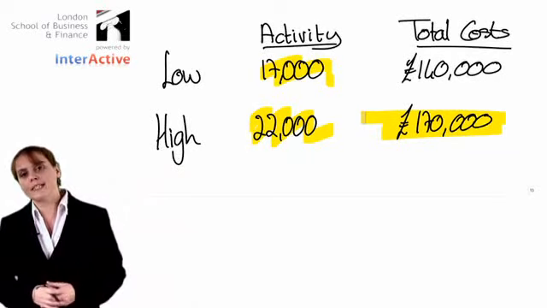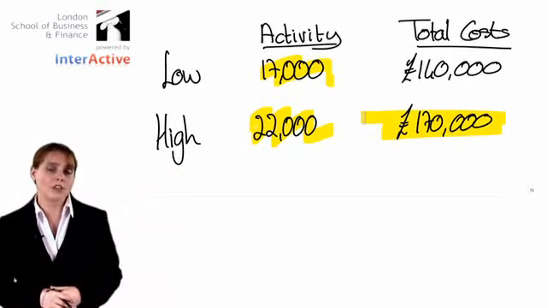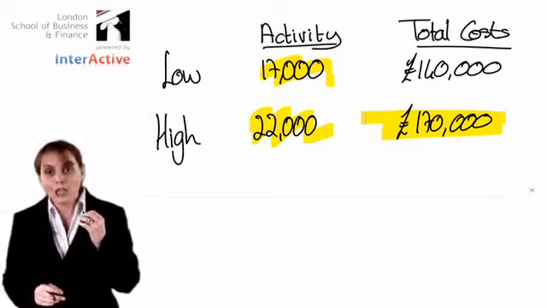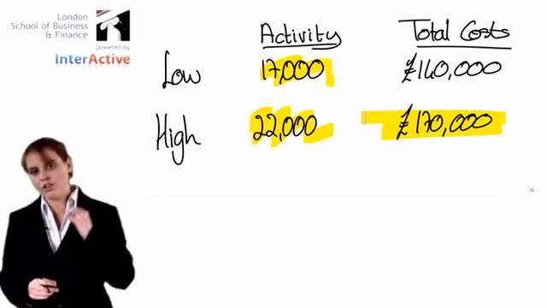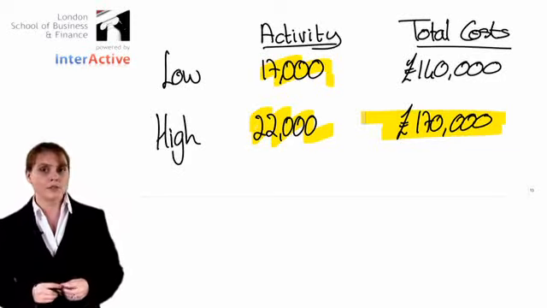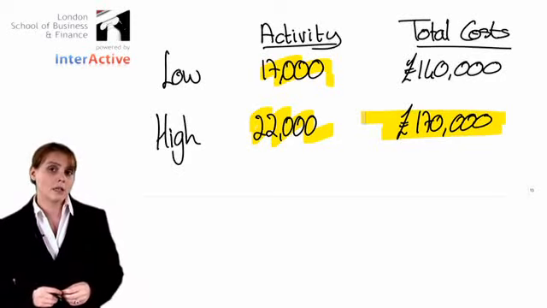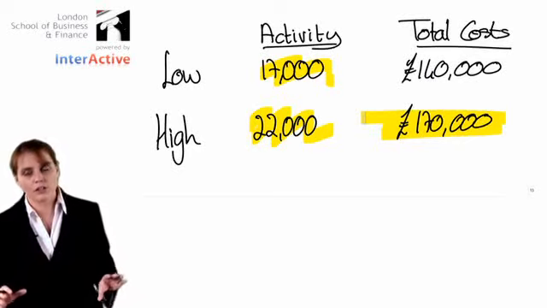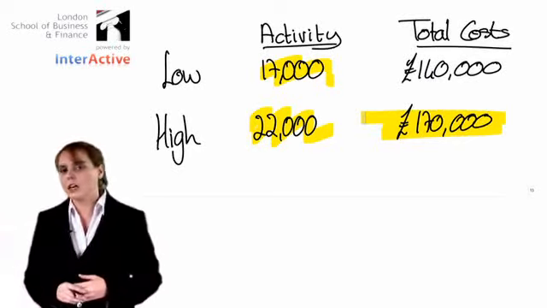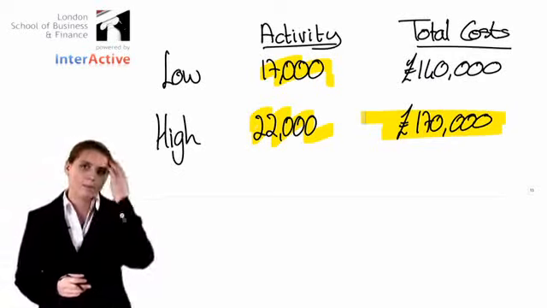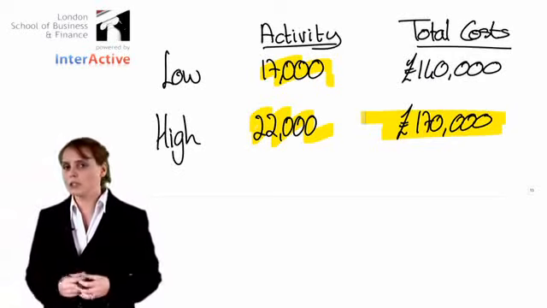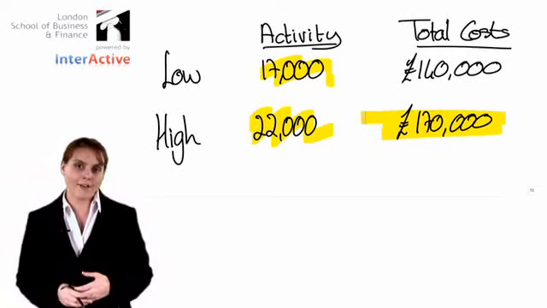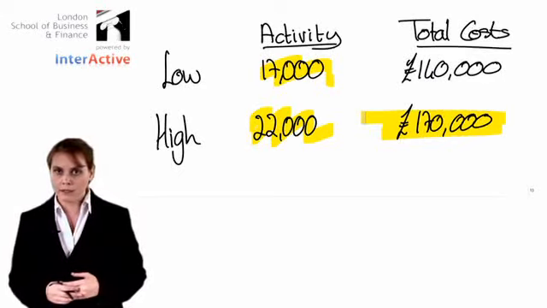So this £170,000 total cost includes the additional £5,000 fixed costs. So, if our fixed costs never changed, if we didn't incur this additional £5,000, then what would our total costs at the high level of activity be?